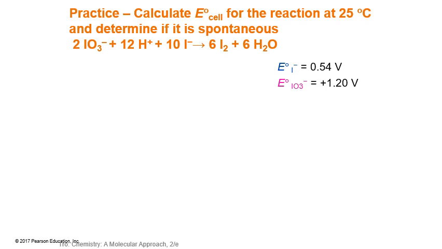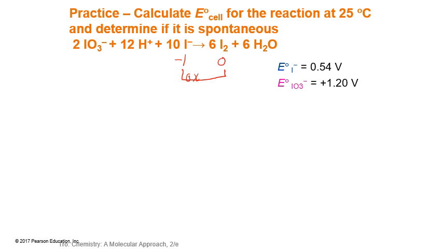So let's look at one of our compounds. So the I minus is a negative 1. It is going to I2, which has an oxidation state of 0. We're going from a negative 1 to a 0. So this is a loss of electrons, which makes this the oxidation.